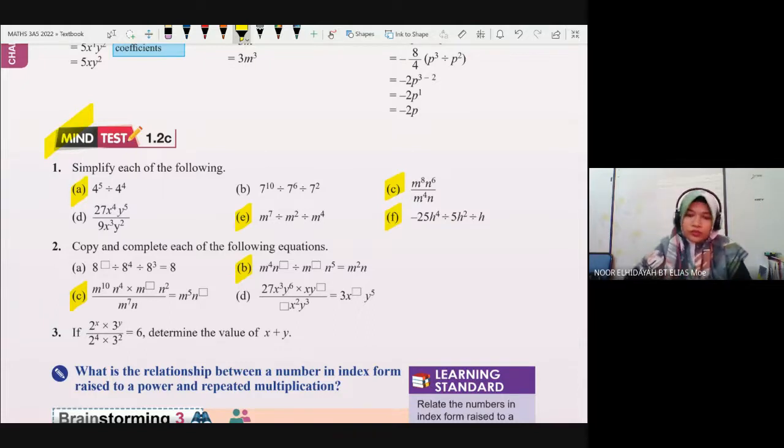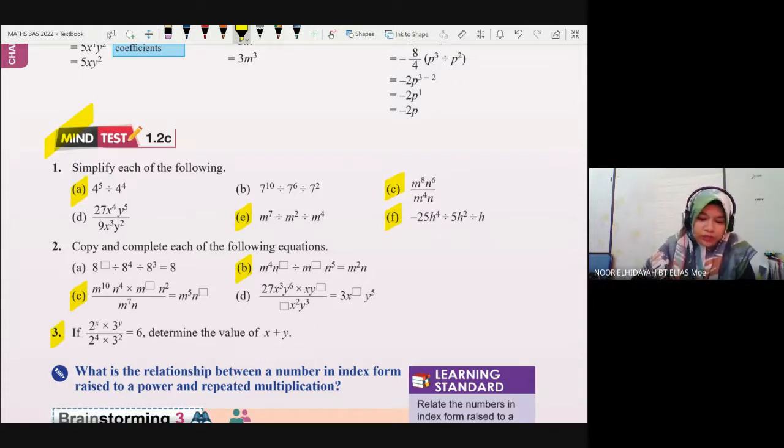Nanti cuba buat, tengok balik. Cikgu tahu masih ramai lagi yang ada masalah dengan algebra. You have to master the algebra, then you can do other topics. Topik-topik yang lain memang akan melibatkan algebra.